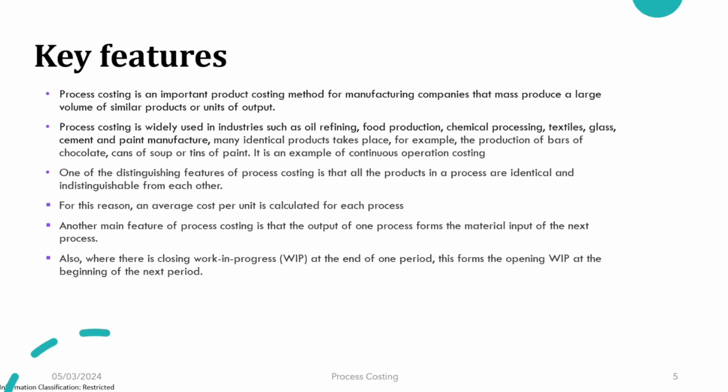But the complication is that in the process there are some losses, and also in the process there can be items in progress. When items are in progress, they can be used for the next batch, and they can be coming from the last batch.